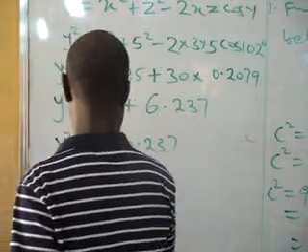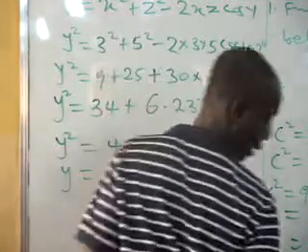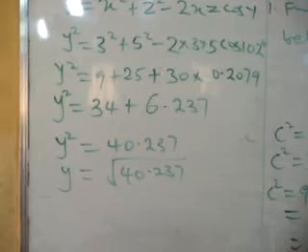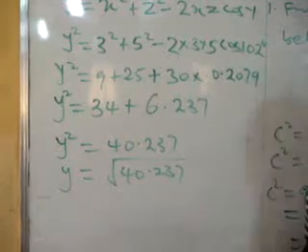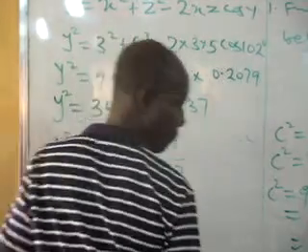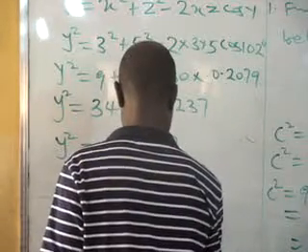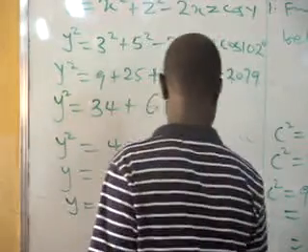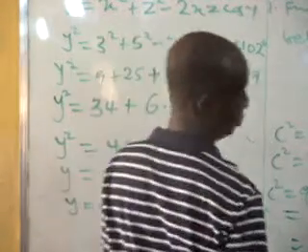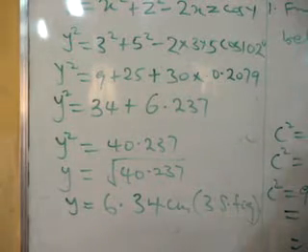Then Y will now be the square root of 40.237. Then we find the square root, which will give us 6.34 centimeters to 3 significant figures.